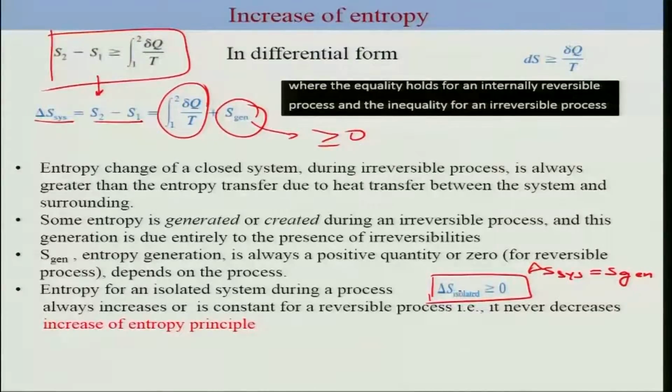So in other words, delta S of an isolated system will be always greater than or equal to 0. 0 will be the case for a reversible process, okay? That means the entropy of an isolated system will never decrease. Or in other words, for a normal process, there is always an increase of entropy, and this is what we call the increase of entropy principle, okay?